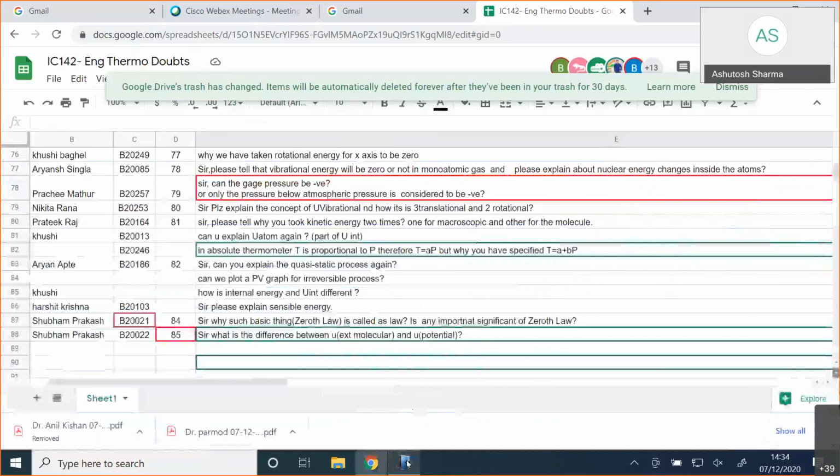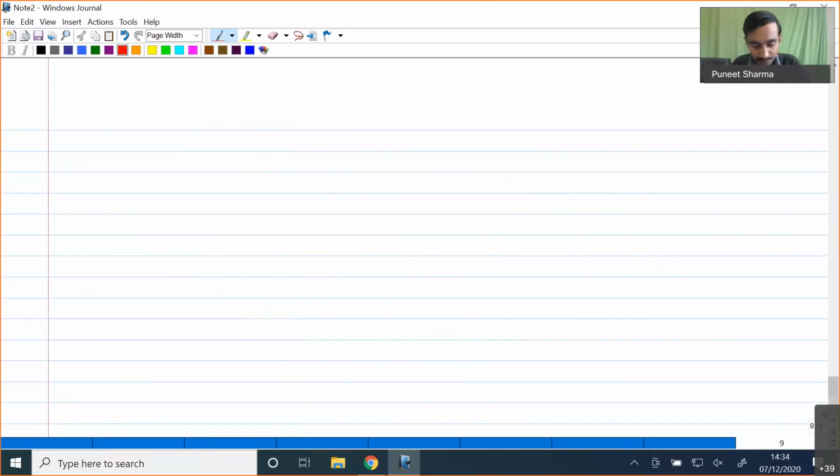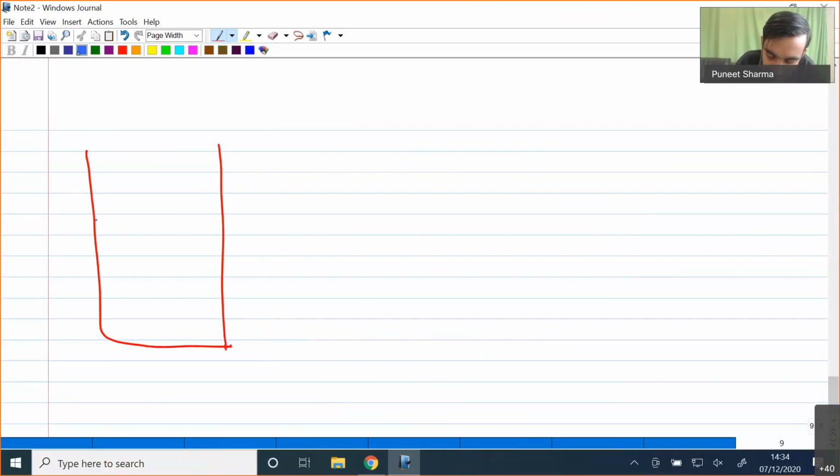Okay. Then I am now moving to the next question, which is, can you explain the quasi-static process again? Okay, let me explain once again. I have taken a piston-cylinder arrangement, and in this arrangement I want to specify a certain amount of weight W, but I will take it as a summation of small weights.